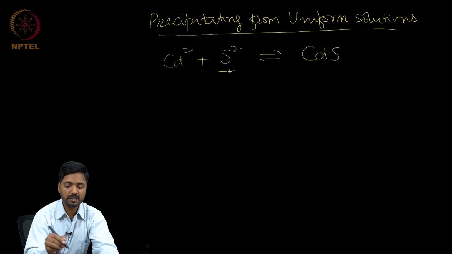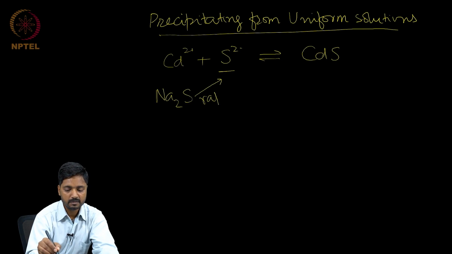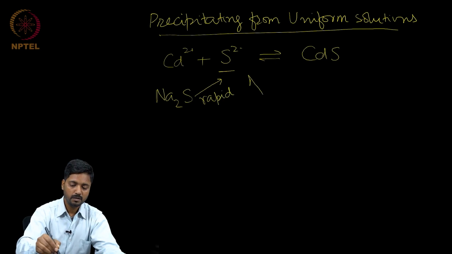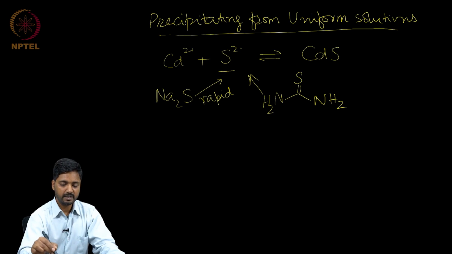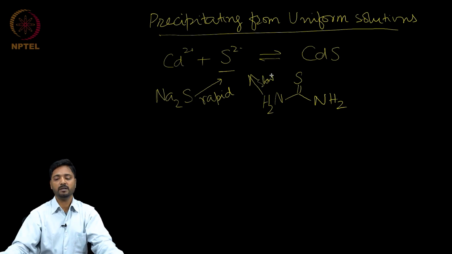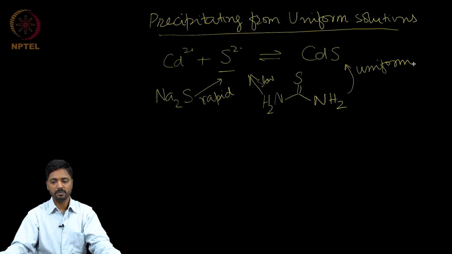We can either use sodium sulfide, which will give very rapid precipitation. However, researchers found out that using organic sulfur precursors such as thiourea will help us generate the sulfide ions in a slow manner and will hence give us access to uniform cadmium sulfide or metal sulfide nanoparticles.